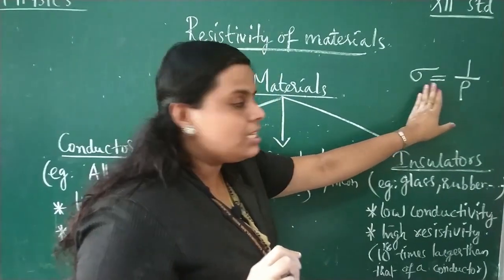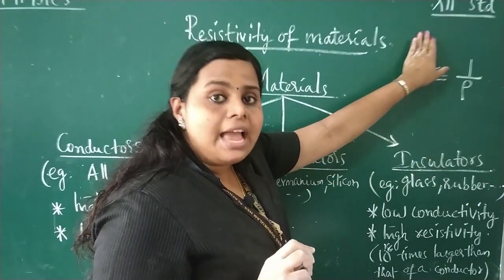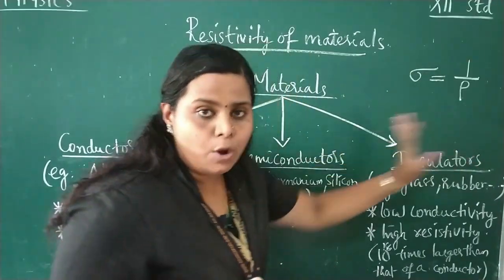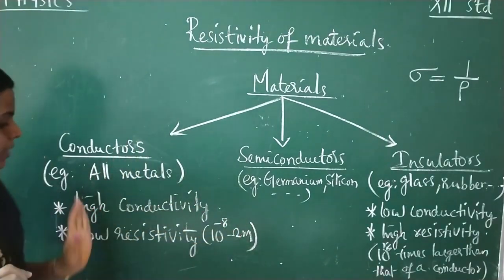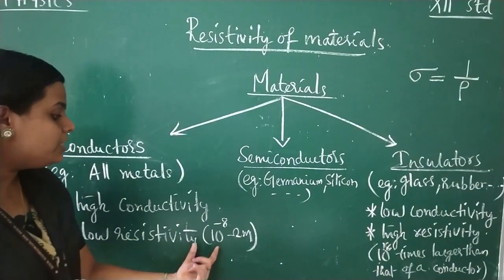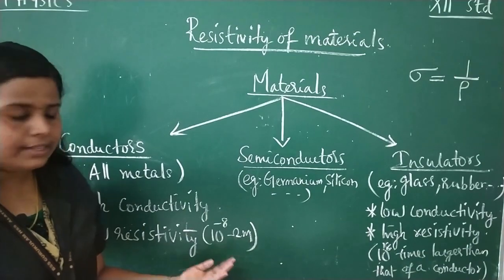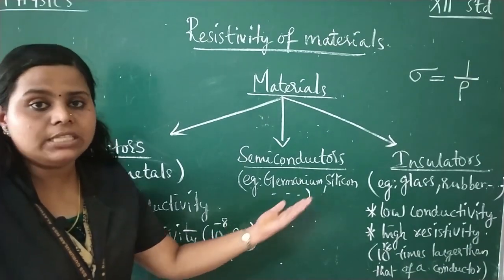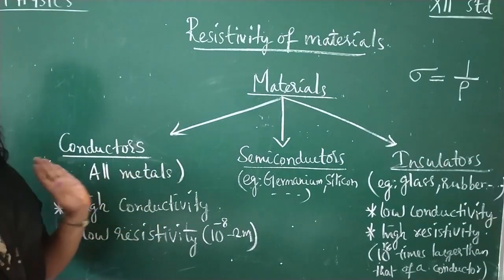Sigma is the conductivity and rho is the resistivity. So conductivity being very high means the resistivity will be very low. So conductors are materials with high conductivity or very low resistivity. The resistivity of conductors is in the range of 10 raised to minus 8 ohm meter, such a small resistivity. So that's all about conductors.